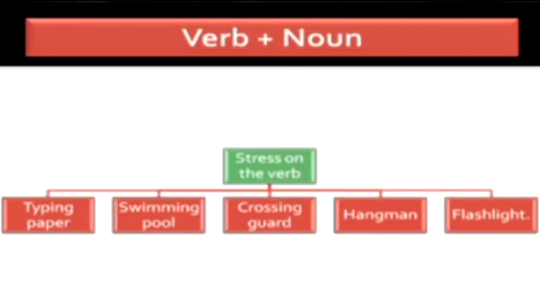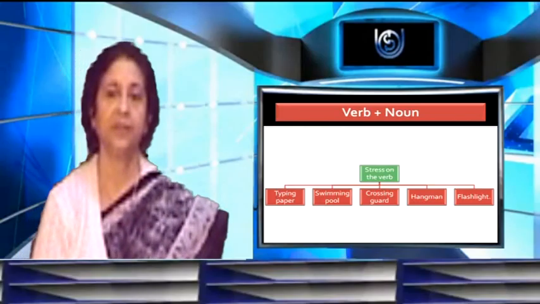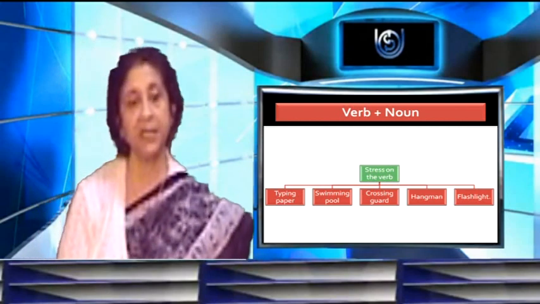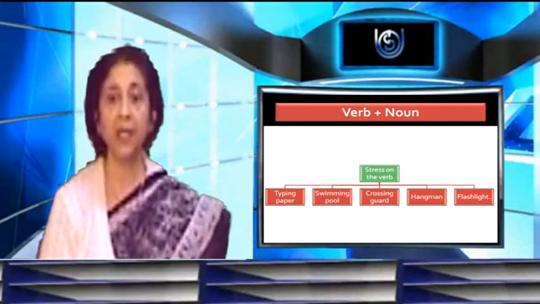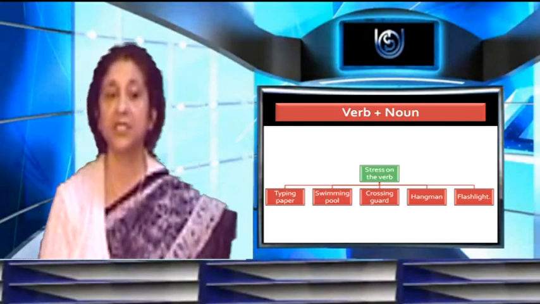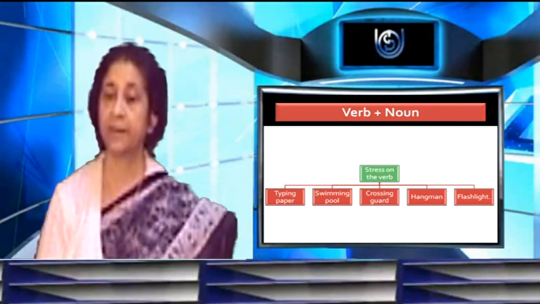Now verb and noun compound words are there where the stress is always on the verb. See the examples. Typing paper: typing is verb, paper is noun, so stress is on typing. Swimming pool: swimming is verb, pool is noun, stress is on swimming.